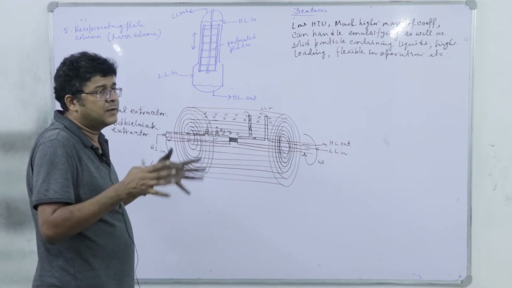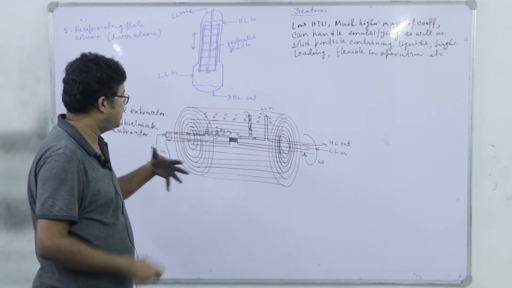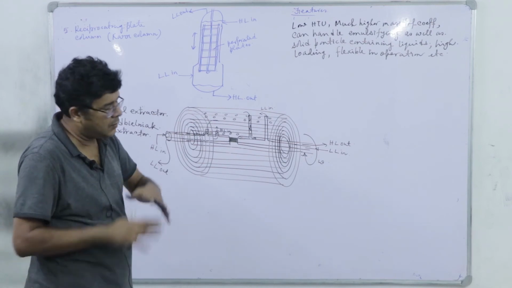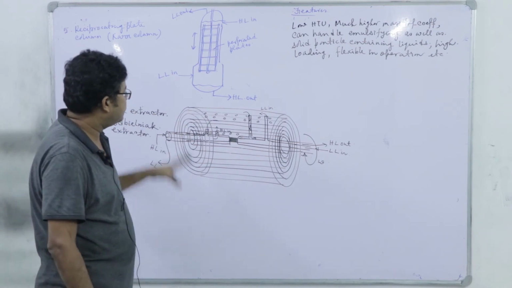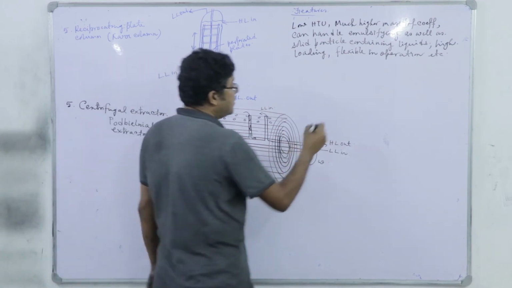And as we have perforations, we have a huge contact area being generated over a very small volume, right. So that is why the centrifugal extractors are highly compact in design.